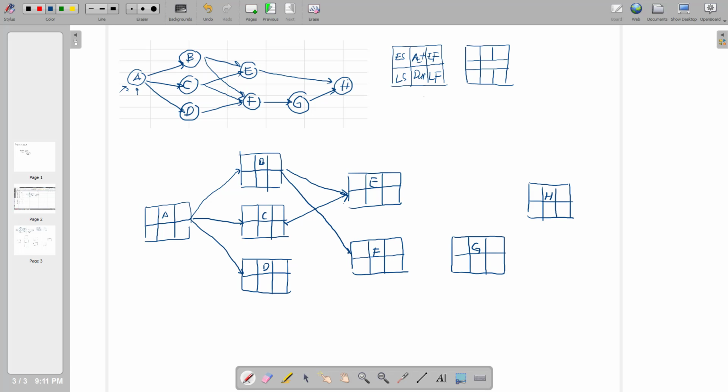B, C, and D. F to G, and then G to H. E is also to H.